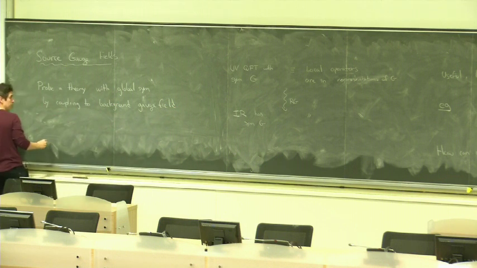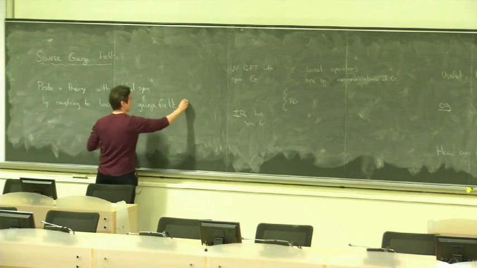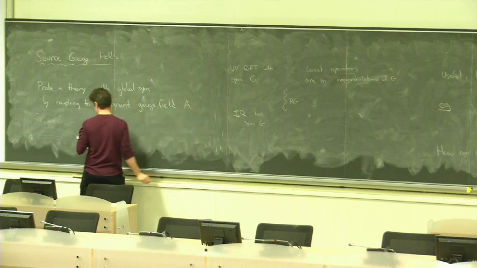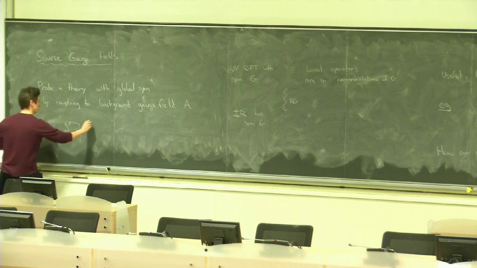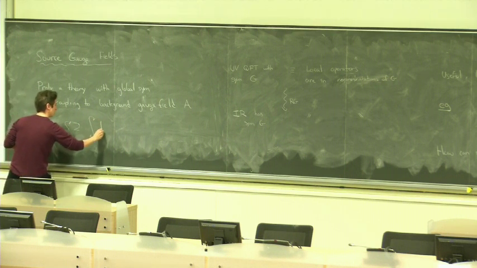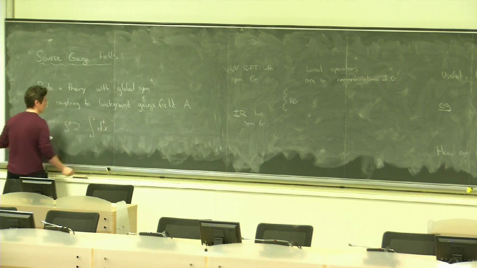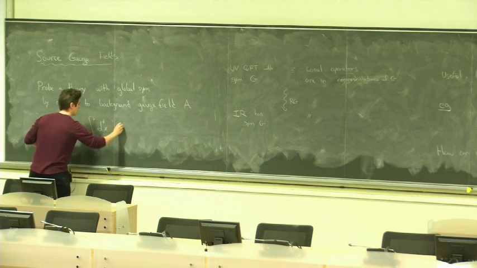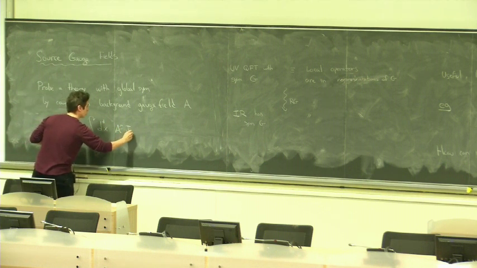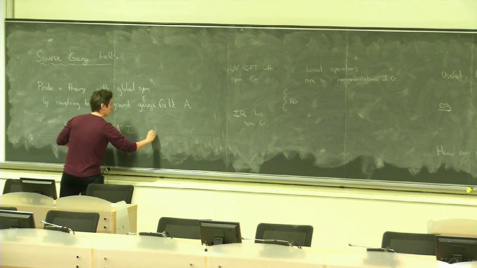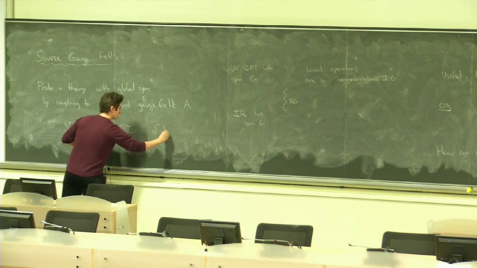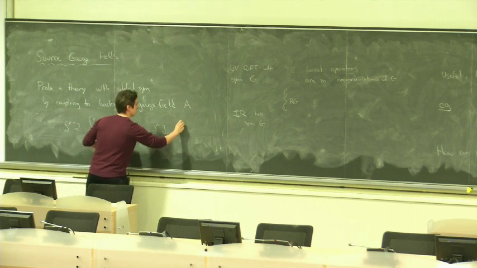So my background gauge field will always be called A. And what does it mean? It means I'm going to include in the action a term of a standard sort, ∫d^dx A_μ J^μ, where here J^μ is the conserved current operator.